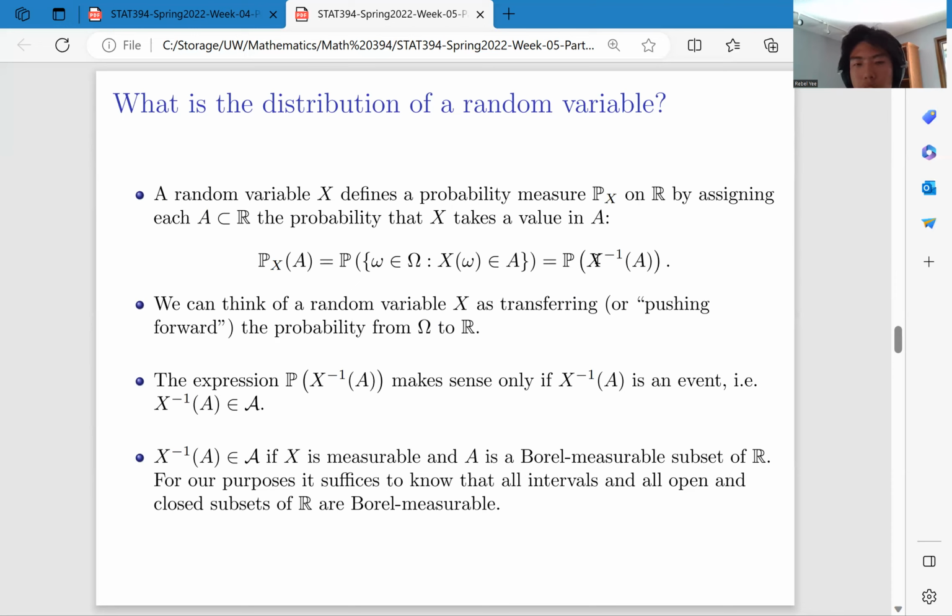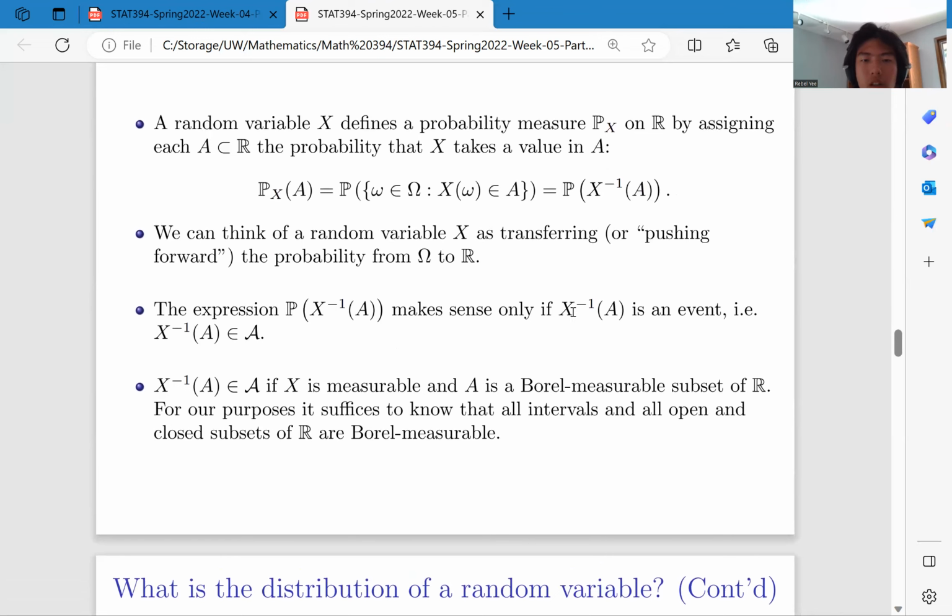So this actually means P(X⁻¹(A)), because X converts an outcome to a real number, so X inverse converts the real number back into an outcome. So this means the probability of some outcome happening whose value, the realization of that outcome, is in the set A.